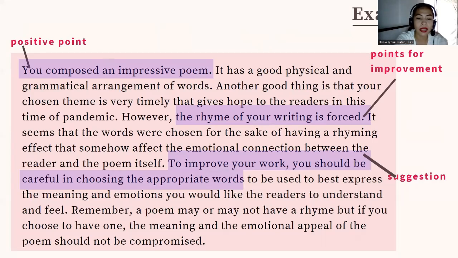Then the evaluator also mentioned the weakness of the poem about the rhyme in the poem being forced. So that's one weakness seen by the evaluator. And after pointing out, a suggestion was given. So it was stated that the writer should be careful in choosing appropriate words. So there's a suggestion on how it could be better.